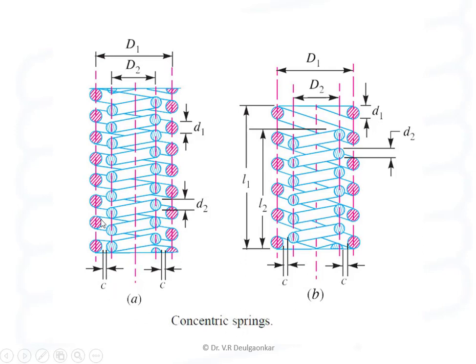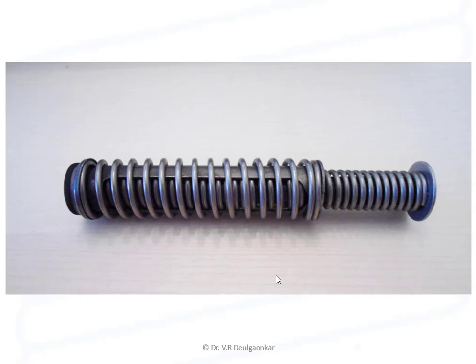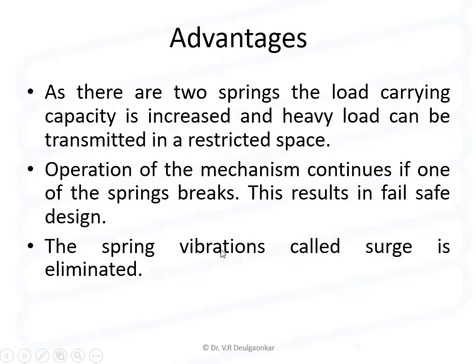C is nothing but the clearance between the outer and inner. Again L1 and L2 are the lengths. We will see these parameters and how to evaluate them. So this is one practical example of a nested spring. We see 3 springs inside each other.